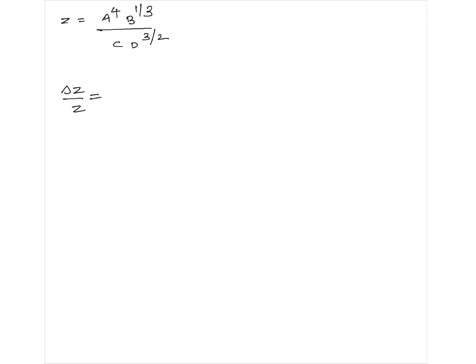Multiplication means, let me do it step by step. Division means, division of two fellows means relative errors are going to add.